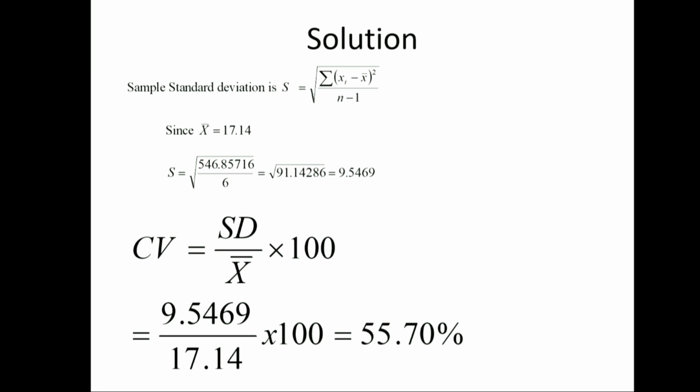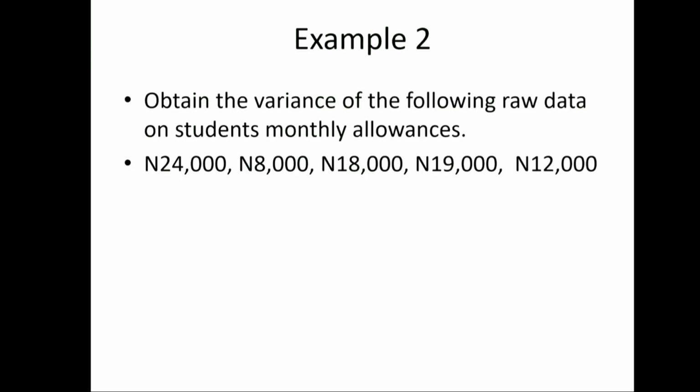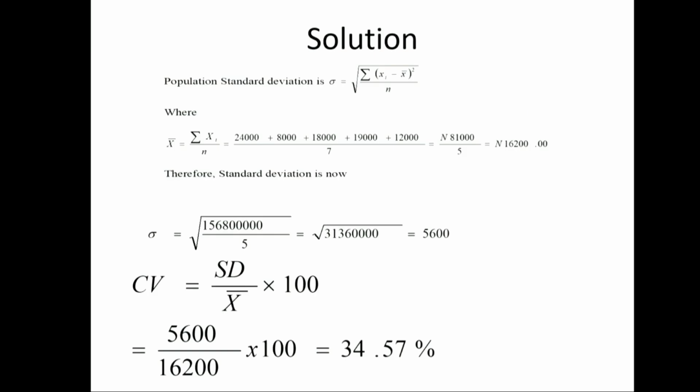Now let's take another example for better appreciation. You have to obtain the coefficient of variation for the following raw data on student monthly allowance: 24,000, 8,000, 18,000, 19,000, 12,000, and so on. For the population, we need the standard deviation as well as the mean.